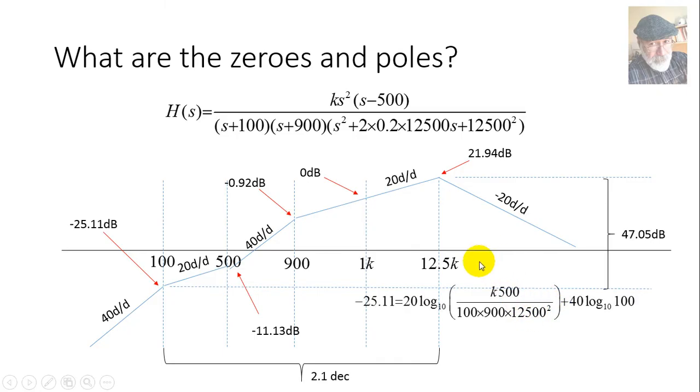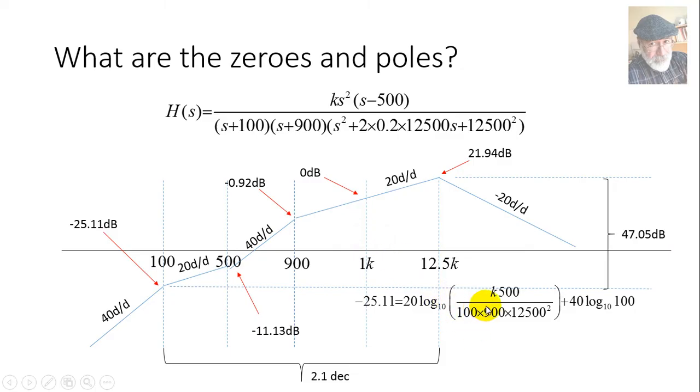To find K, we realize that at the lowest corner, the value is negative 25.11 decibels, but that value can be computed also as 20 times the logarithm of K times 500 divided by 100, 900, and 12,500 squared. In other words, at a very low frequency, at a frequency of 0, that is the value of the amplitude of this one.